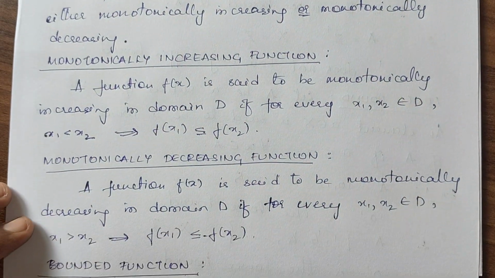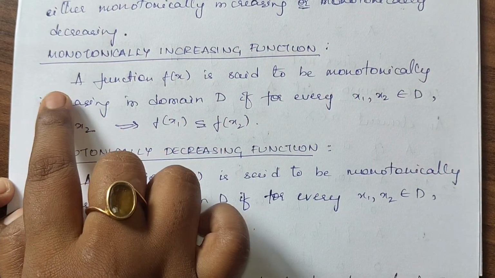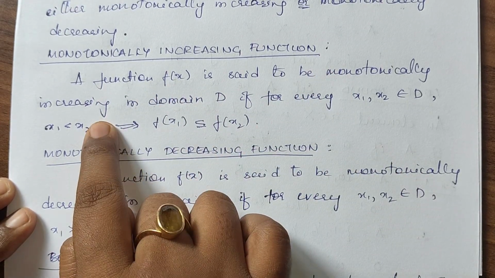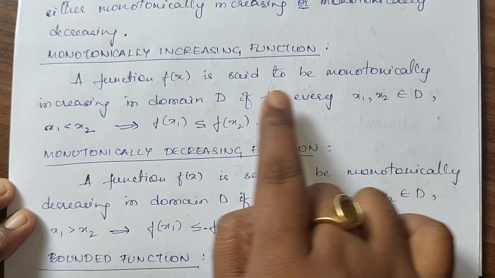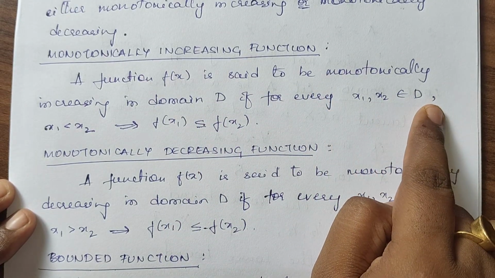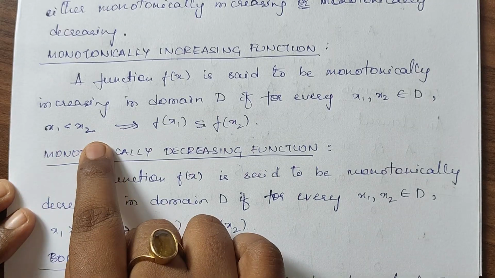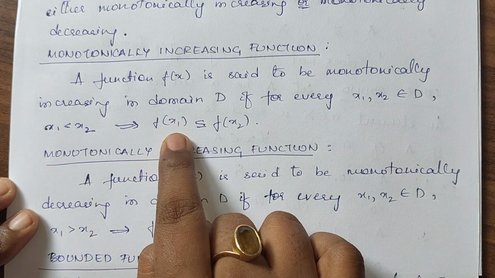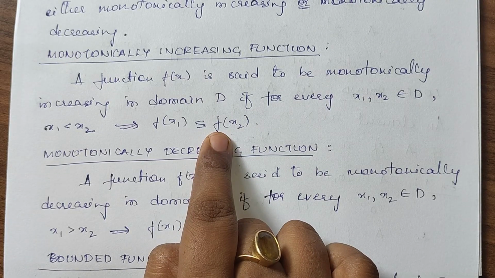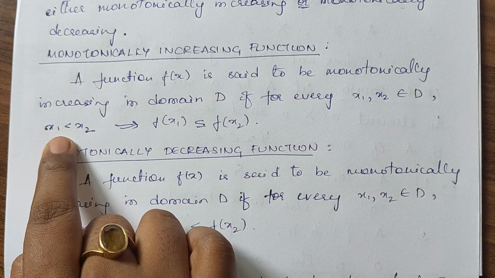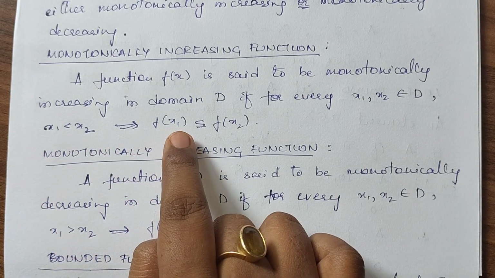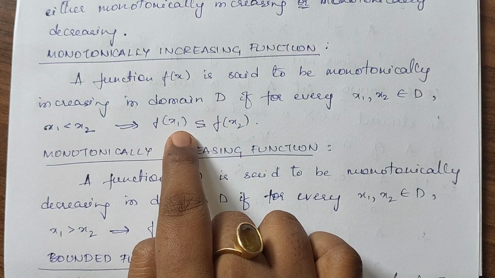Okay, so monotonically increasing function: a function f of x is said to be monotonically increasing in domain D if for each x1, x2 in D, x1 less than x2 implies f of x1 less than or equal to f of x2. That is, as in when we increase the value of x, f of x also increases.